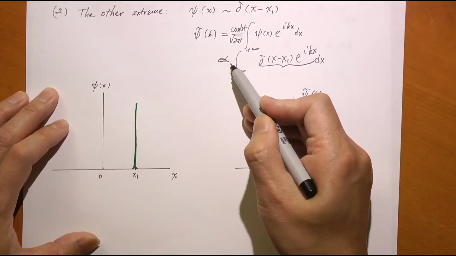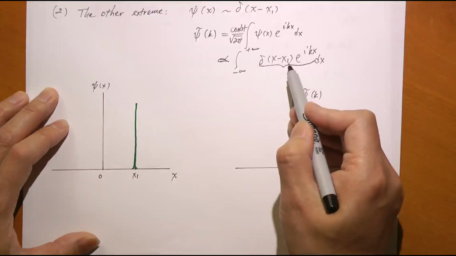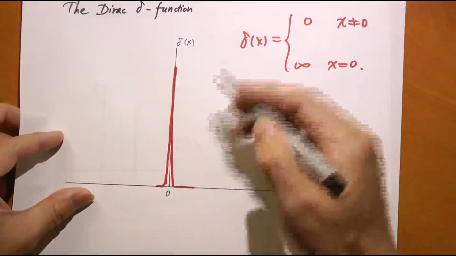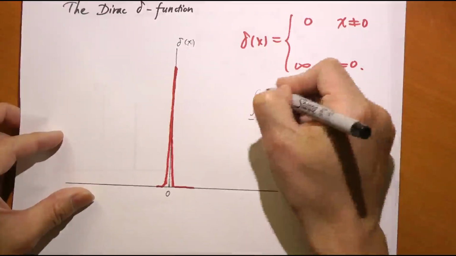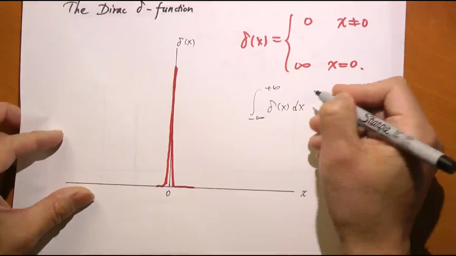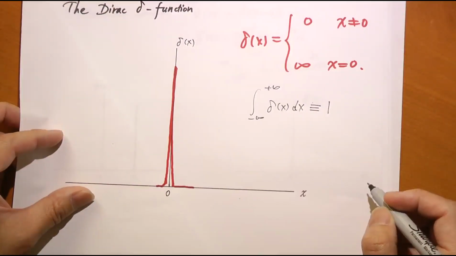And what do you have left? You are left with this delta function, delta of x minus x1 dx. So this basically is the area under this delta function, the area integrated over delta x. This is defined to be 1 for convenience. So this delta function is normalized.